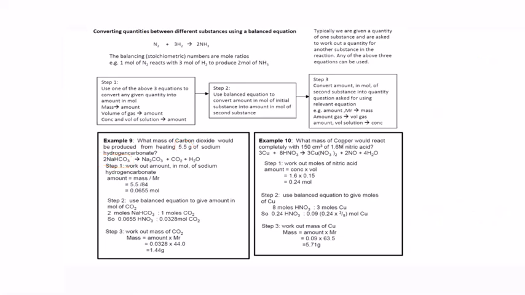Next, what mass of copper would react completely with 150 cm cube of 1.6 mole per dm cube nitric acid? So first thing, either I can take a mole ratio or I can take a mass ratio. But neither moles nor mass is given.